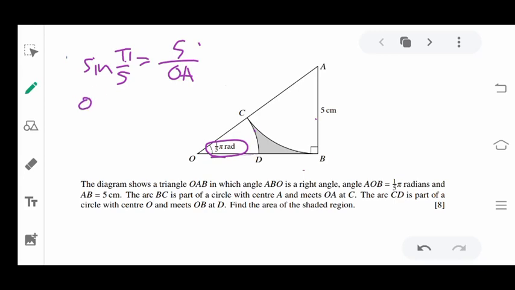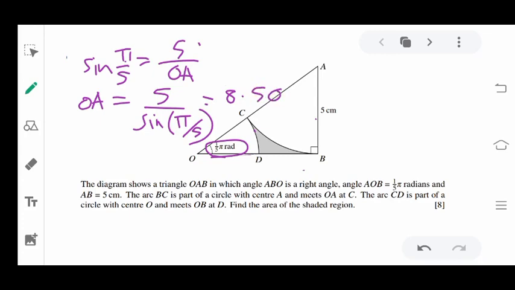So we get the hypotenuse OA equal to 5 divided by sine pi by 5, which is equal to 8.506.